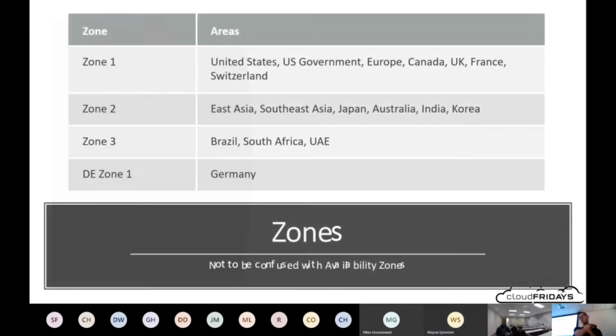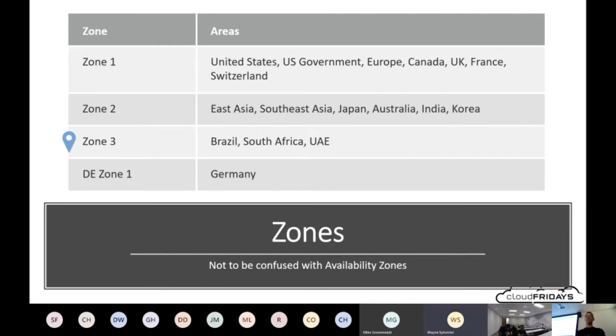What zones are there, you may ask? 1, 2, 3, and 4, or 1, 2, 3, and Germany, for some reason. And we are in zone 3, along with Brazil and the United Arab Emirates. So billing zones or zones are not to be confused with availability zones.